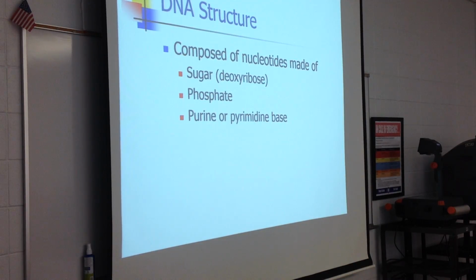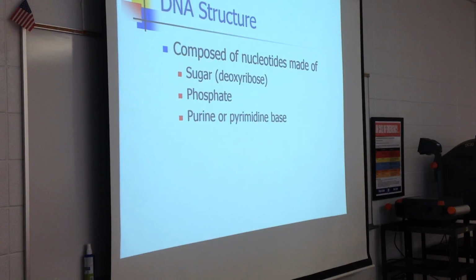They also have a phosphate attached to it, and that makes up what we commonly think of as the sugar-phosphate backbone. And then we have attached to the deoxyribose and the phosphate some base. There are 4 different bases, 2 of which are purines and 2 of which are pyrimidines.